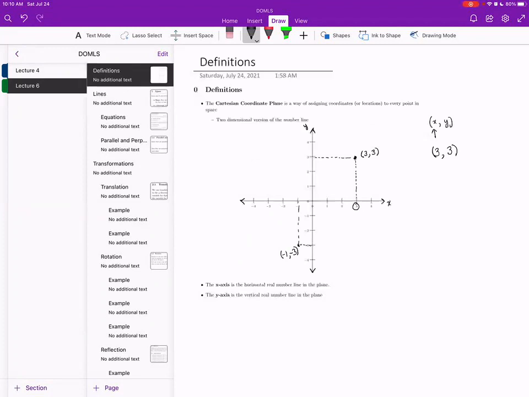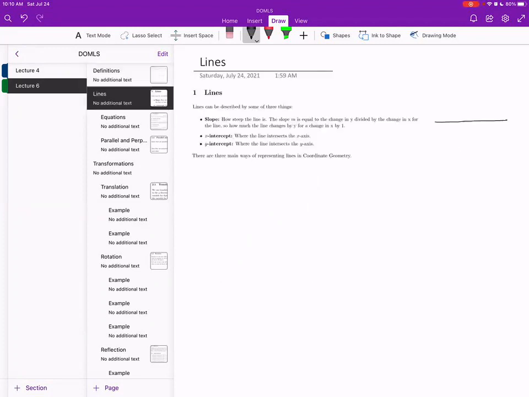For example, the x-axis is a line of slope 0. Now, as we increase how steep the line is, the slope goes up and up. For example, this line has a bigger slope than this line, and this line has a bigger slope than this line.